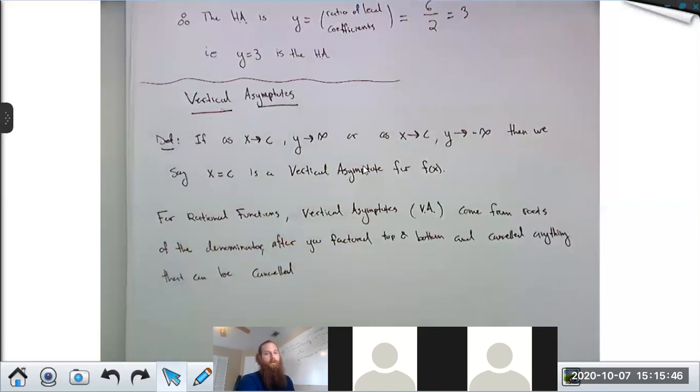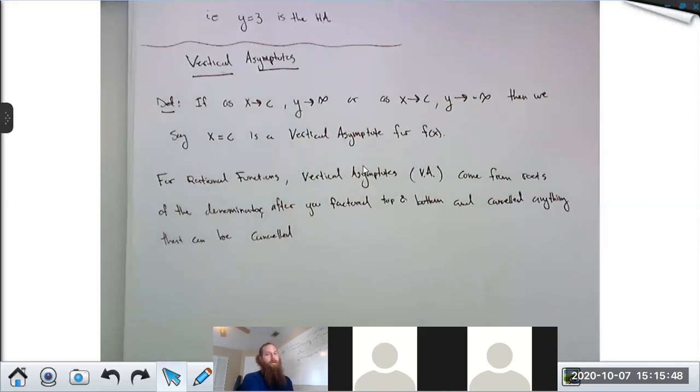That's it. That's how you find vertical asymptotes. So you factor the top and the bottom, cancel anything you can cancel. Any factors that are left over on the bottom will give you a vertical asymptote.